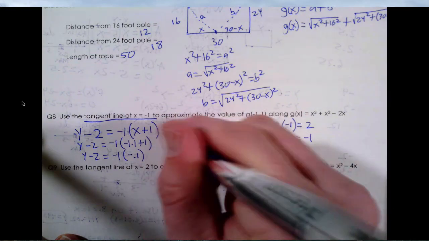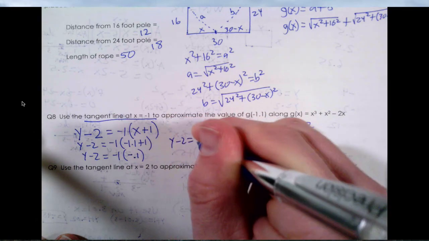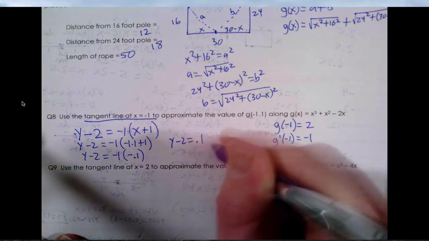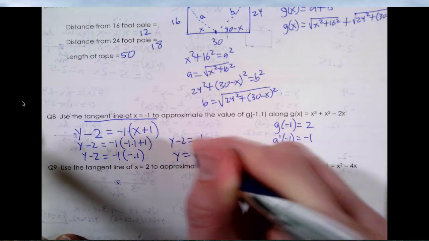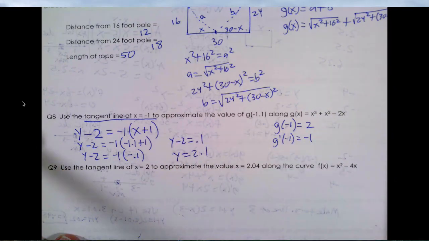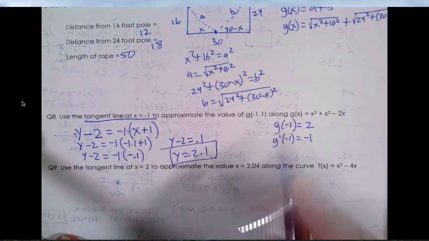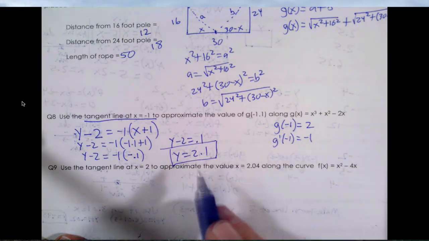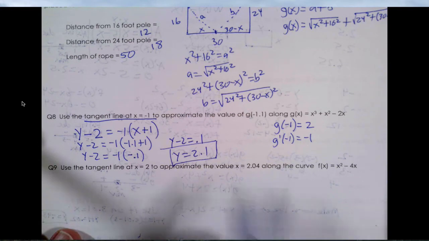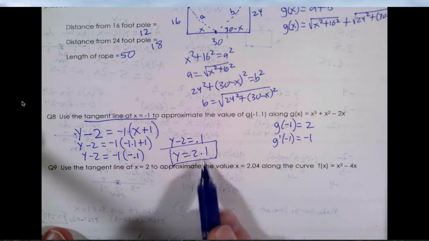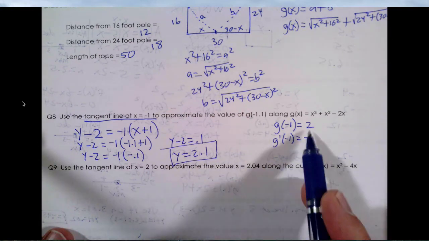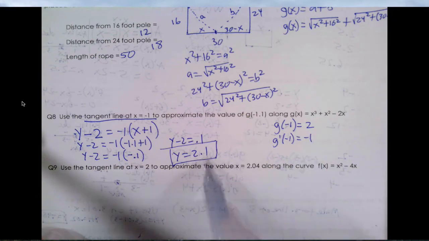So I'm now at y minus 2 equals positive 0.1. Add 2 to that, and I'm going to have 2.1. So there is my answer. So my approximate output on g at -1.1 is 2.1. And that's not far off from where we were here. Here we were at 2, here we're at 2.1.